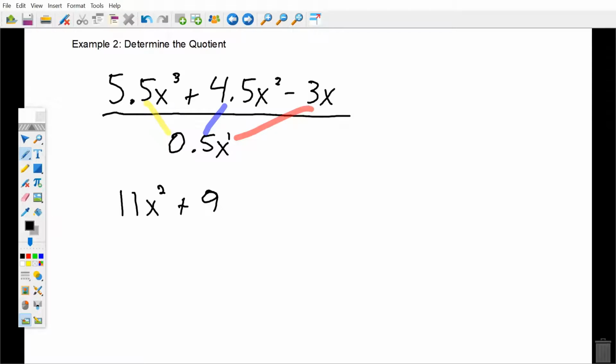And then the exponents, 2 minus 1 is 1x. Finally, we have negative 3 divided by 0.5, which is negative 6. And then the variables, x and x, they're both 1, so they would both cancel out. Our answer is 11x squared plus 9x minus 6.